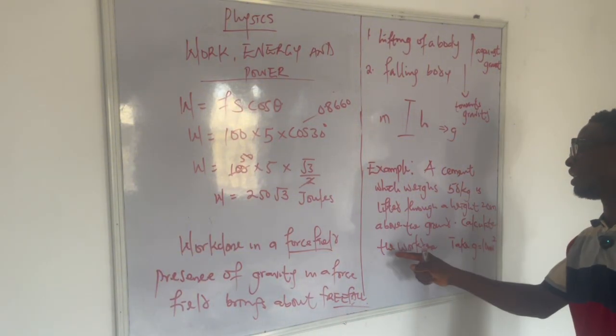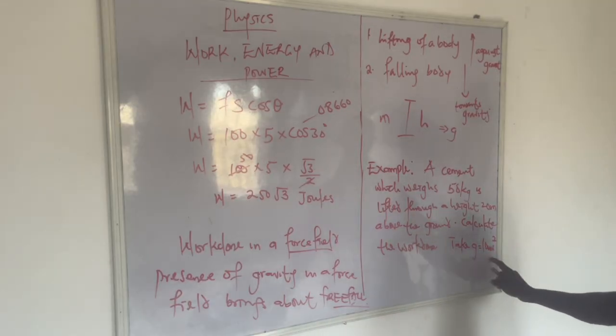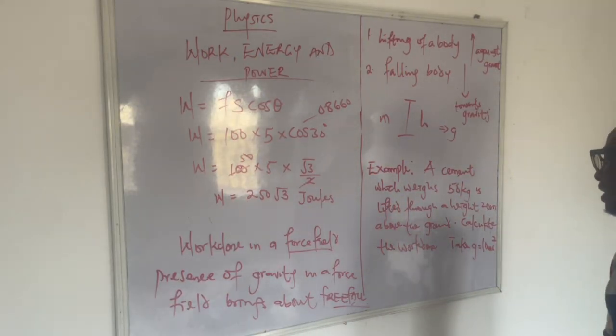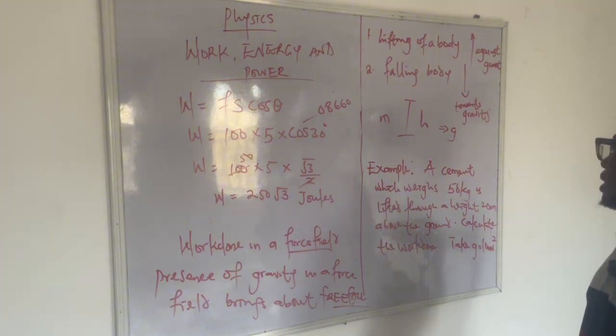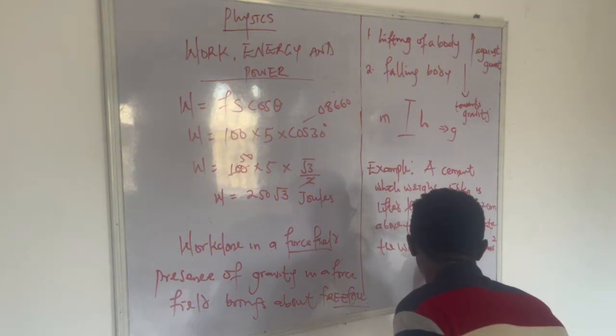Calculate the work done. Take g to be 10 meters per second squared. Now, solution.